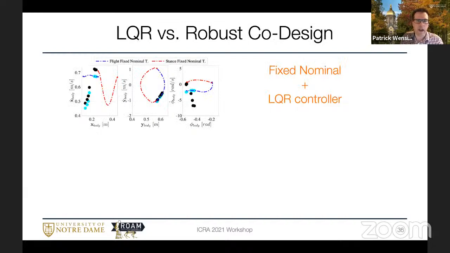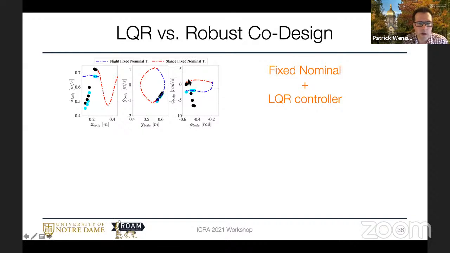In terms of looking at those post-impact states, here I'm showing you the phase portrait and the pre and post-impact states for the LQR controller. Here in blue are our pre-impact states, and in black are our post-impact states. I'm showing you phase portraits for the X position and velocity of the body, the Y position and velocity of the body, and the pitch and pitch rate for the body.